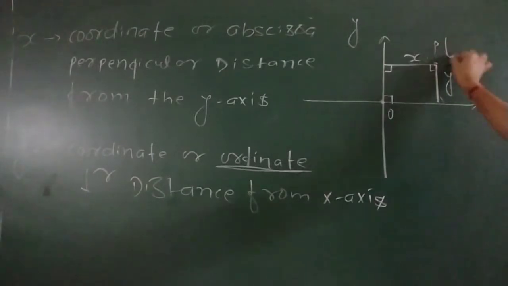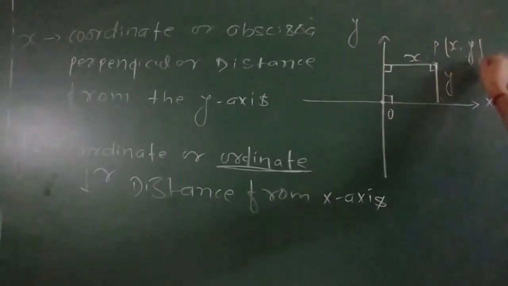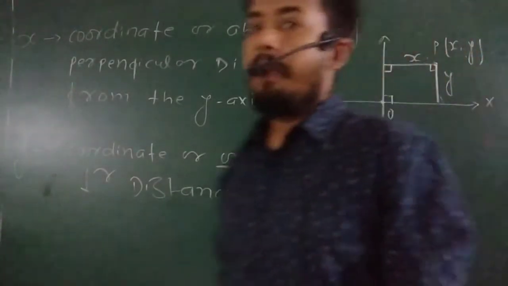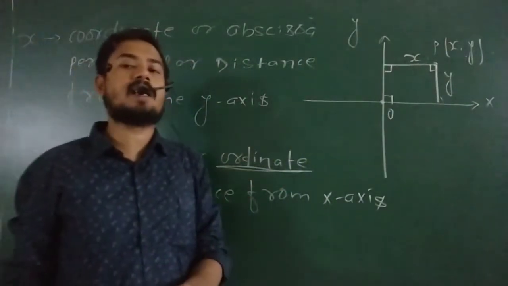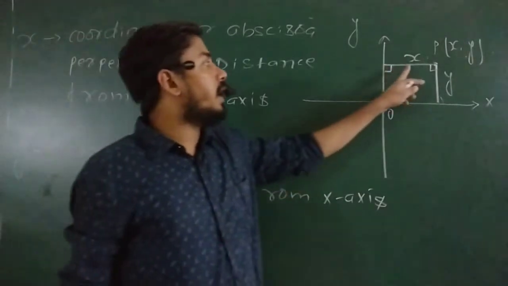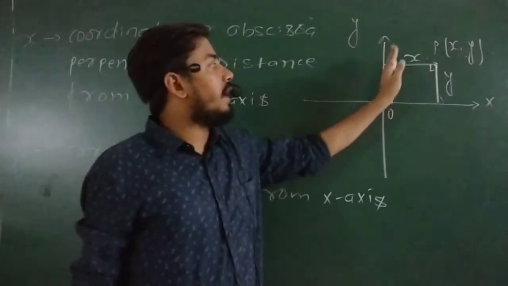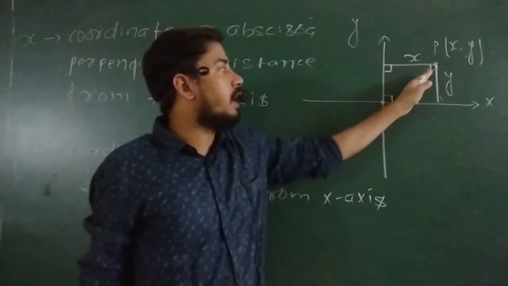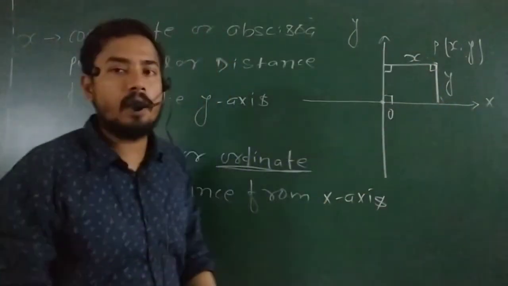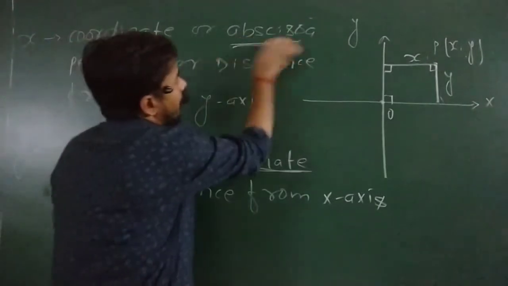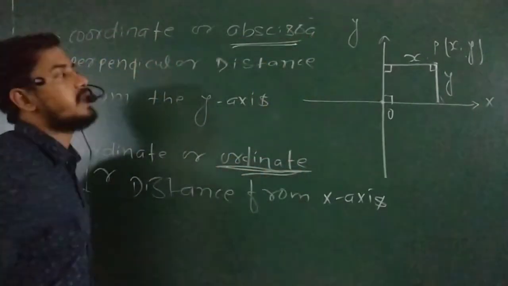Finally, this point has two coordinates, x, y. Done buddy? We are discussing only 2D right now; later we will discuss 3D. So the perpendicular distance from the y-axis becomes the x coordinate, and the perpendicular distance from the x-axis becomes the y coordinate. The x coordinate is also known as abscissa and the y coordinate is also known as ordinate.